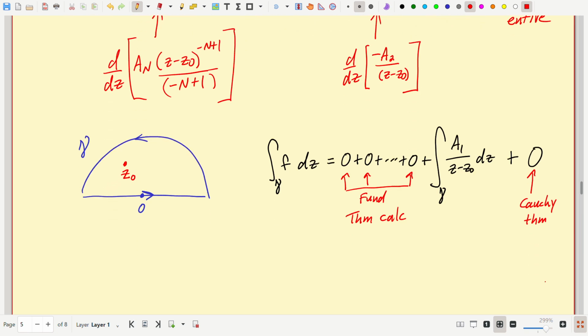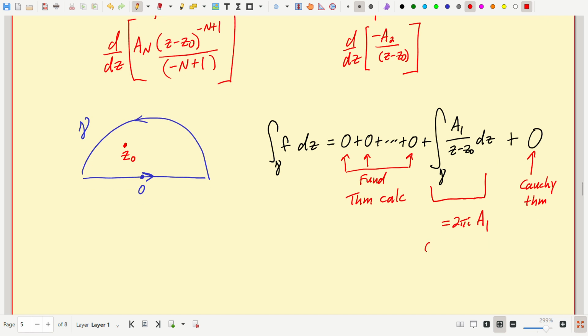And so the one thing that's not 0 is that term right there, and that's equal to 2 pi i times the residue. We know that integral. We've used it a lot previously when getting the Cauchy integral formula, etc. In fact, that's the Cauchy integral formula with f of z equal to 1.